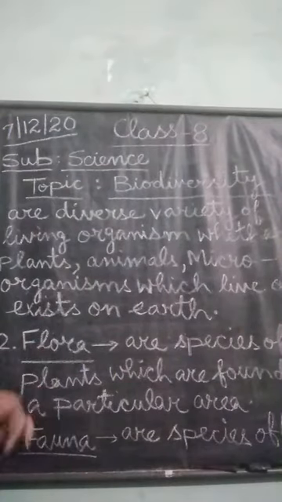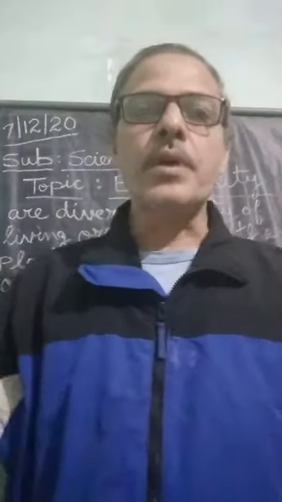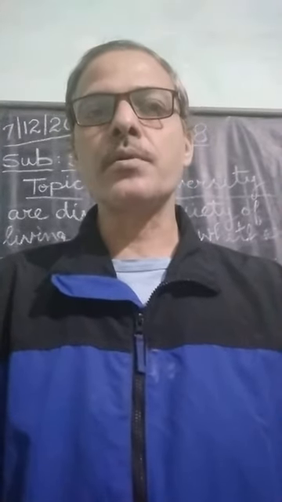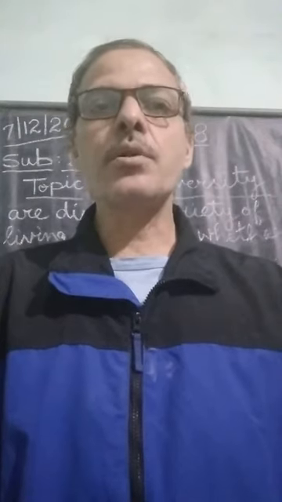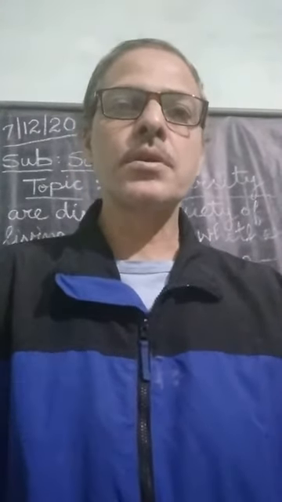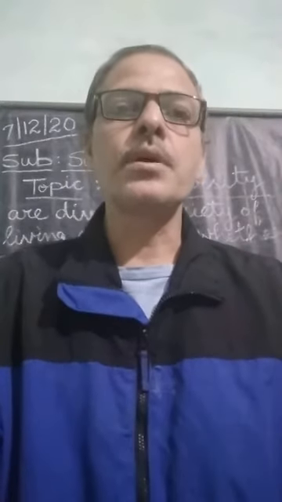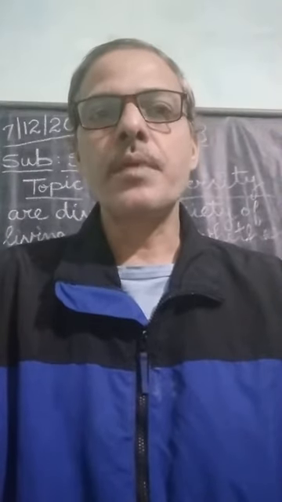Next topic, after biodiversity, is what is flora and fauna. You all know that in different regions or different parts of our country, different species of plants and animals are found. It is not that all the species of plants or animals which are living on this earth, which constitute the biodiversity, are present at one place.